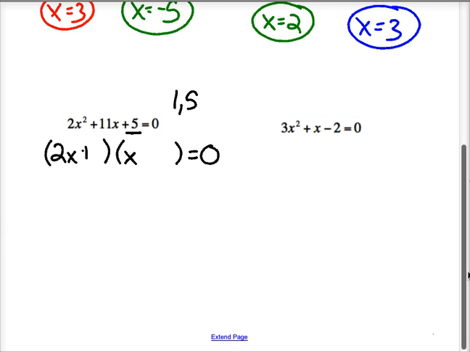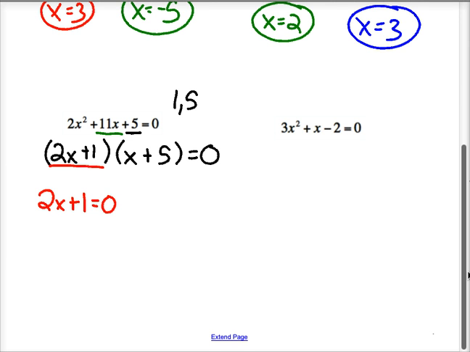So that means we just have to be careful that we're putting these in the right way. Well, I'm going to do 1 and 5 first, and then I'm going to check my connections. So that gives me a 1x and a 10x, which does give me the 11x that I'm looking for. So I did set up that factoring correctly. And now that means I can finish my problem. So I take that 2x plus 1, take that first parenthesis, set it equal to 0.